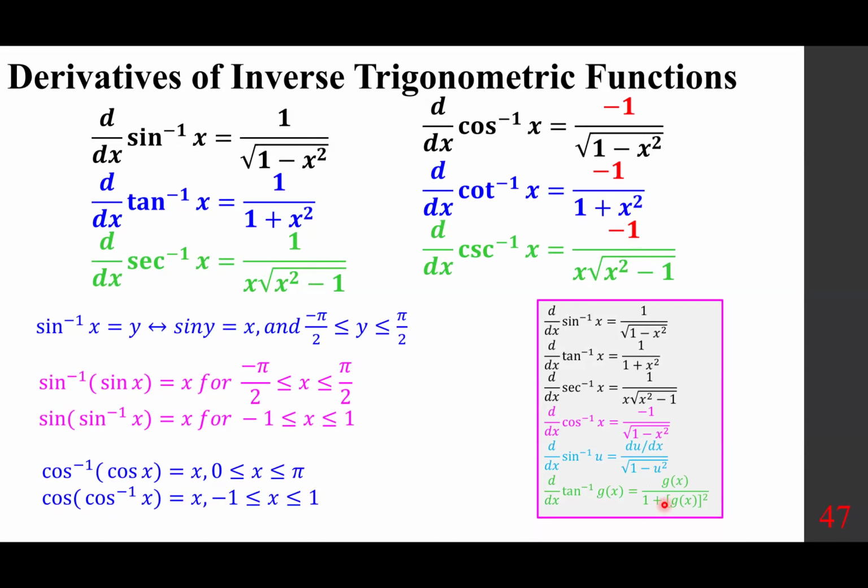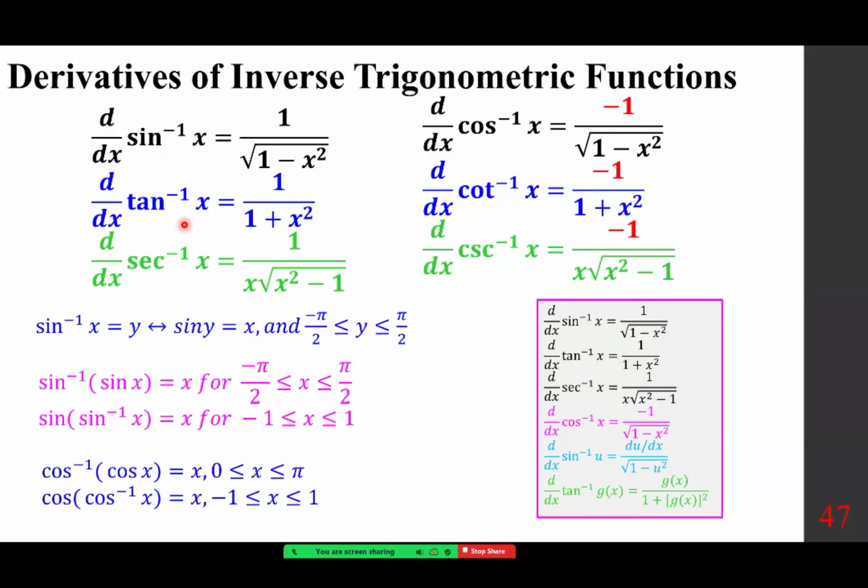And here's the synopsis of everything that we have here. What I have added is, for example, for the sine inverse, if we go with sine inverse of u, what happens? We have the same formula, 1 over square root of 1 minus u squared, but by the chain rule, we tag along du dx. If you call this g of x times g prime of x. Same thing for the rest of them.